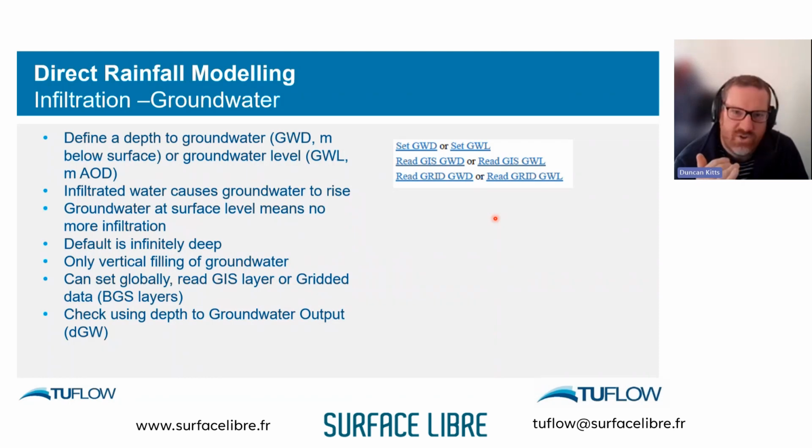It's considered to be saturated, and then no more infiltration. Using this approach, there's only vertical filling of what we call the groundwater or the soil layer. There's no horizontal movement. And just like anything else, we can set that globally, read in a vector data set or read in a raster data set, and then we can also look at the outputs in terms of the depth to groundwater or the groundwater level result parameters.